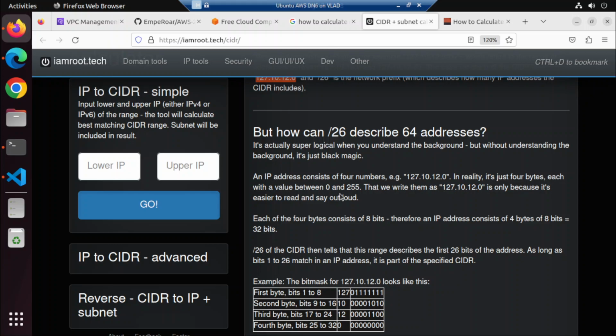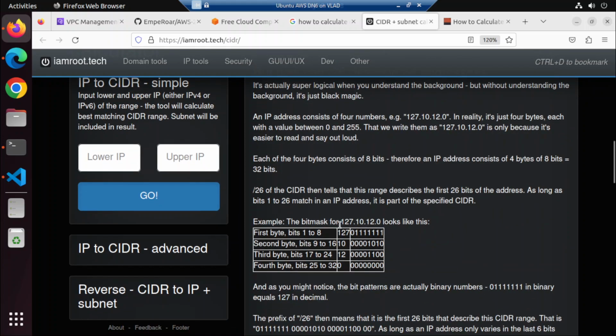Therefore, an IP address consists of 4 bytes of 8 bits equals 32 bits. The /26 of the CIDR tells that this range describes the first 26 bits of the address. As long as bits 1 to 26 match in an IP address, it is part of the specified CIDR.